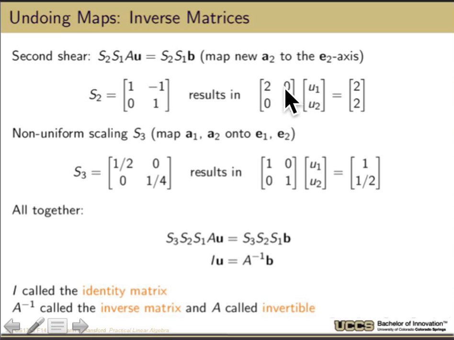So now I've sheared down, and now I'm going to shear left. I get a new matrix, and now I can apply some non-uniform scaling. I'm going to do 1/2 and 1/4, and that will make this go to the identity matrix, and the right-hand side will now be reduced to 1 and 1/2.